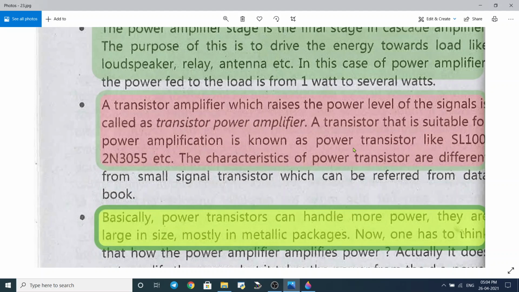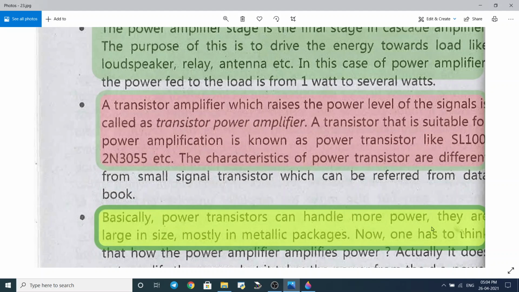You will also get their technical specifications, that means how much current they can handle, because power transistors can handle more power. More power means more current and more voltage.